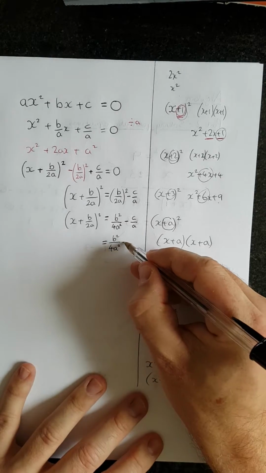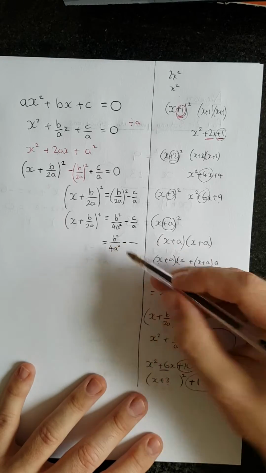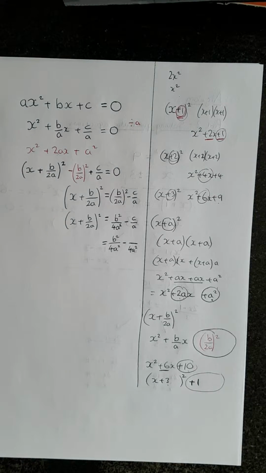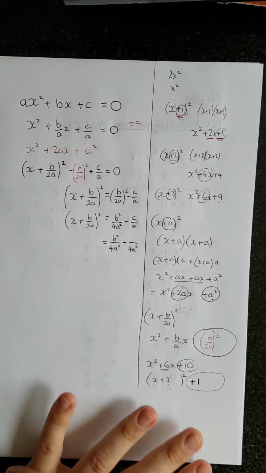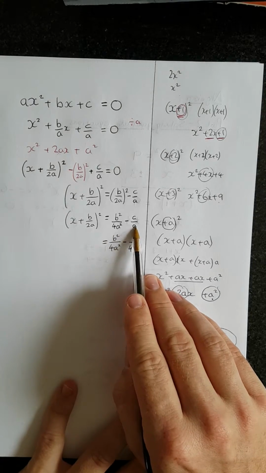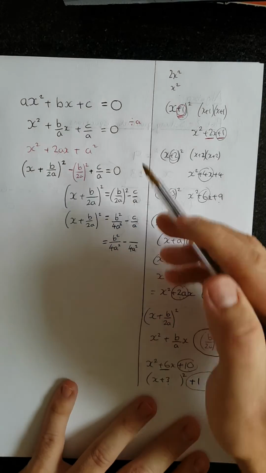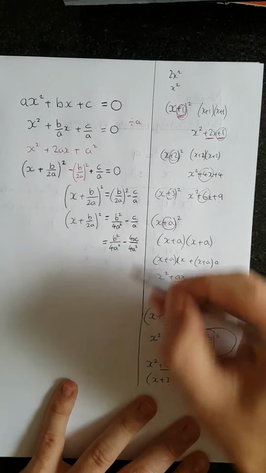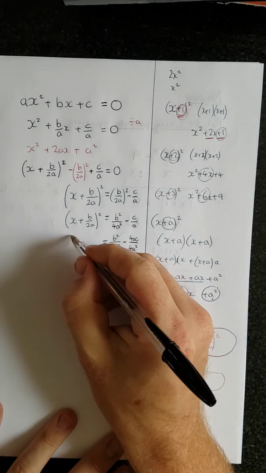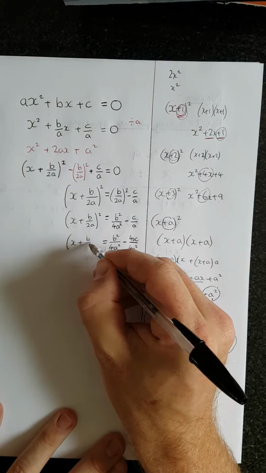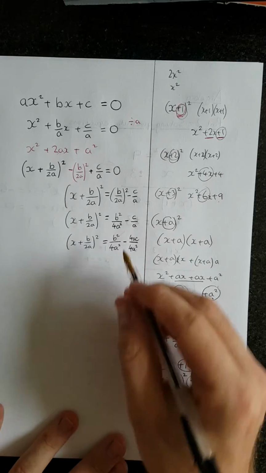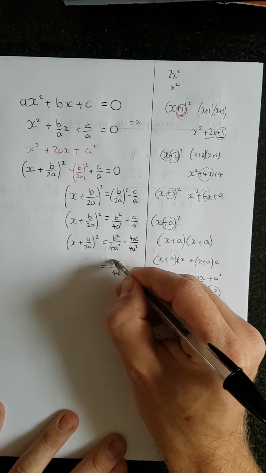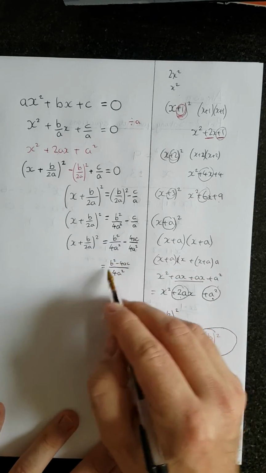So I'm going to keep that one as it is and change this one into 4a squared. And the reason I'm doing that is a goes into this. All I need here is to times it by another a and by 4. So I times the numerator by another a and 4 and leave the c there. And we're starting to get somewhere. We're moving towards it. Now I do the subtract, even though I can't work it out, to get one thing.